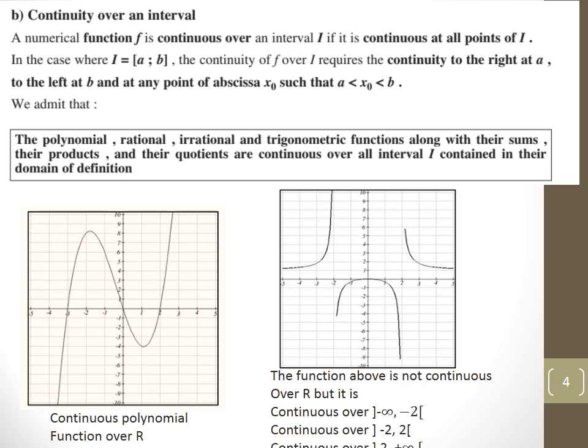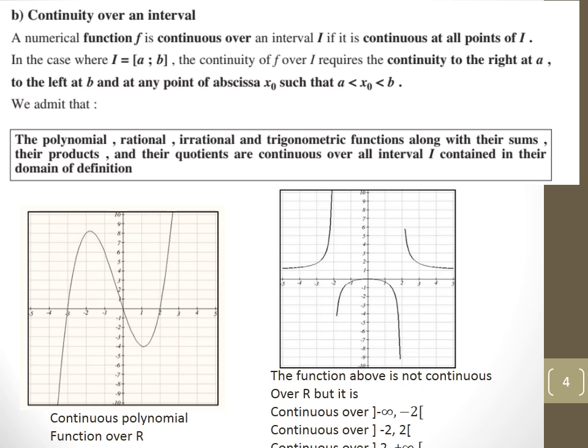If you look at the first figure, here we have the drawing of a polynomial. Its domain is from minus infinity to plus infinity, and this function is continuous over this interval.